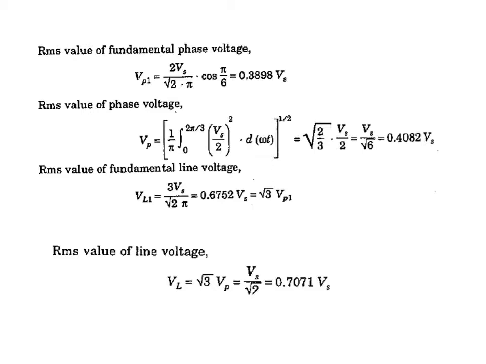The 120-degree mode of operation has some merits and demerits as compared to the 180-degree mode of operation of inverter. So the merits and demerits of 120-degree and 180-degree mode of operation are: in 180-degree mode of inverter, when the gate signal is cut off to turn off thyristor T1 at omega t is equal to 180 degree, the gate signal is simultaneously applied to thyristor T4 in the same leg.